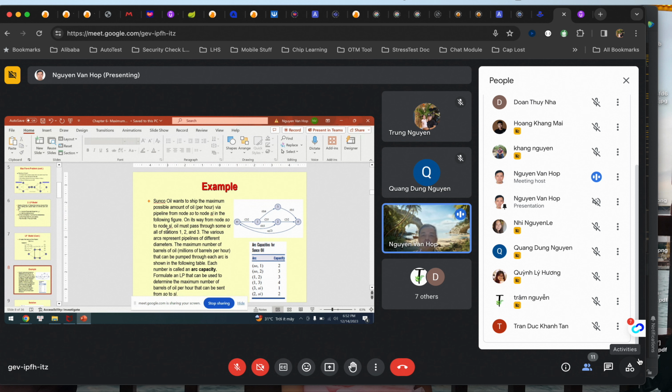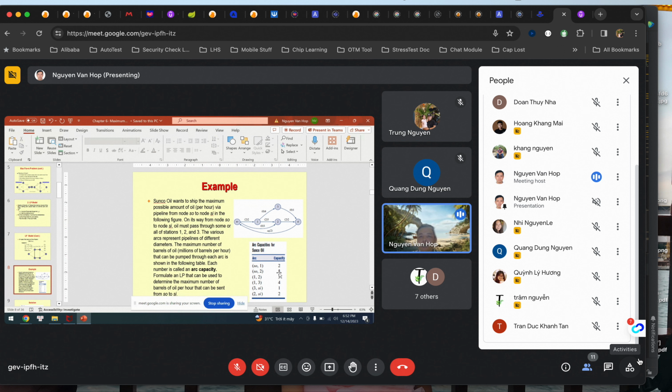On its way from the source to the sink, oil must pass through stations 1, 2, 3. The maximum number of barrels of oil, in millions of barrels per hour, that can be pumped through each arc is shown in the table. It means the capacity, the maximum flow, for each arc.